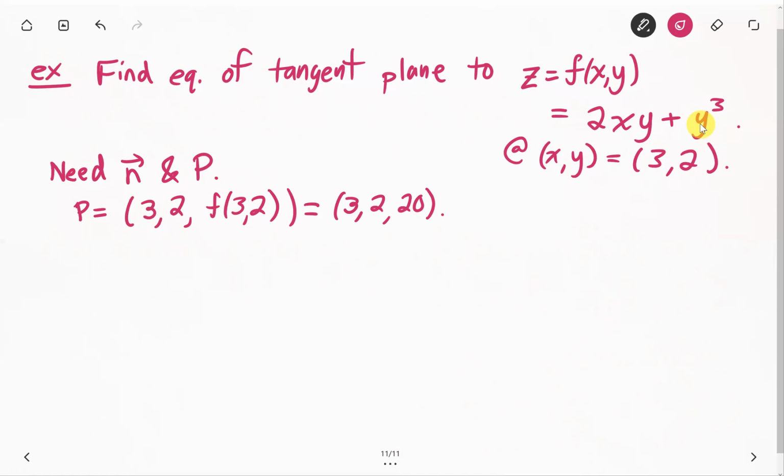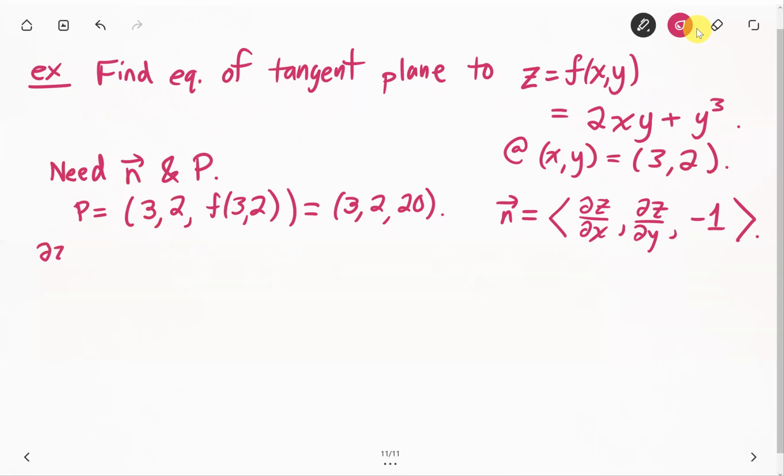Next, I need to get that normal vector. Again, our life is a little bit easier if we remember that the normal vector can be written as dz/dx, dz/dy, -1. All right, so let's calculate some partial derivatives and evaluate them at those values of x and y.